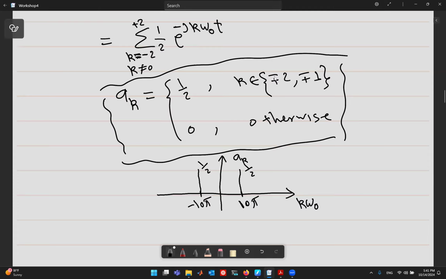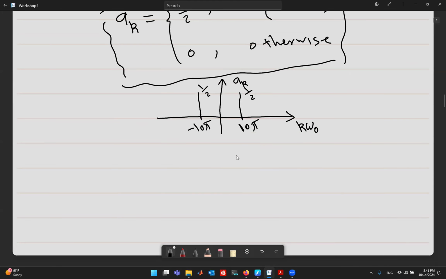This is when k equals 1, and this when k equals minus 1. And then we'll have also 1/2 when k equals 2, which corresponds to 20 pi, and also minus 20 pi.